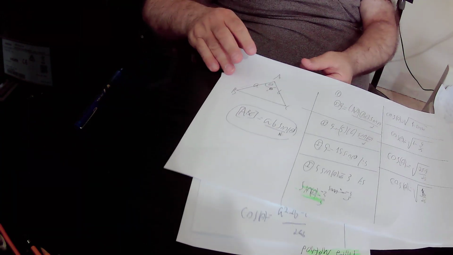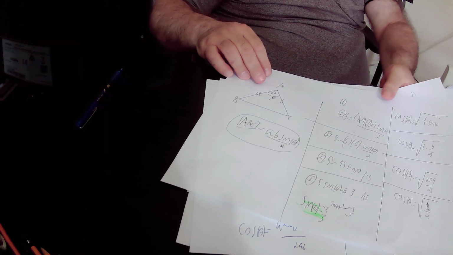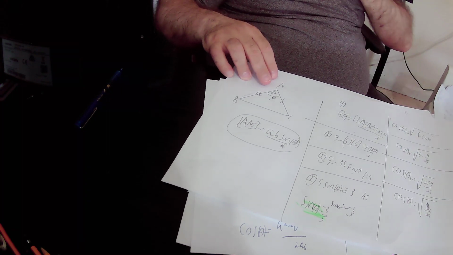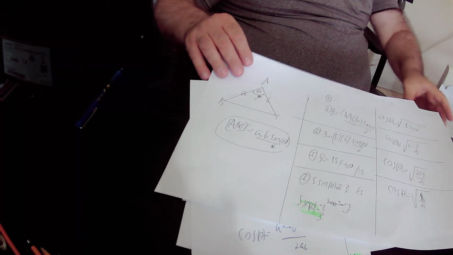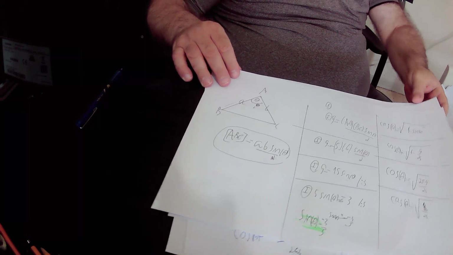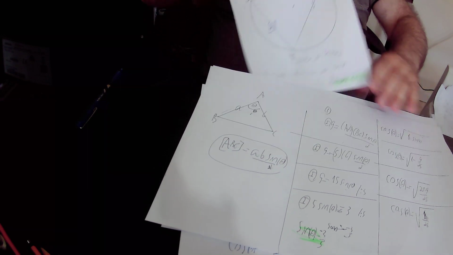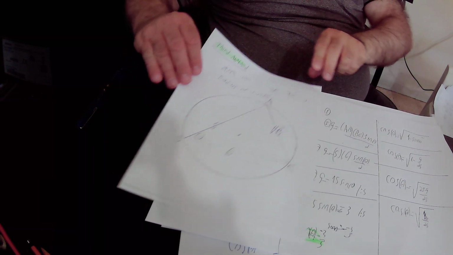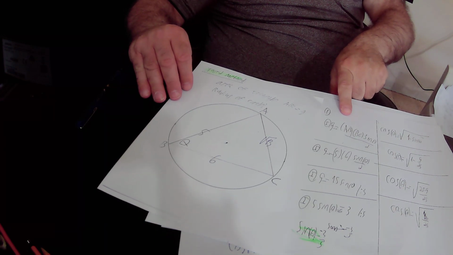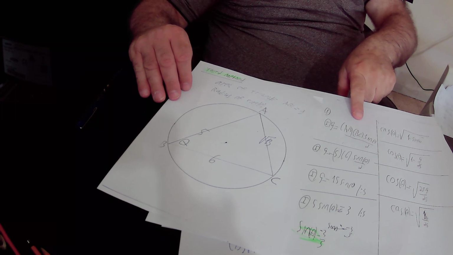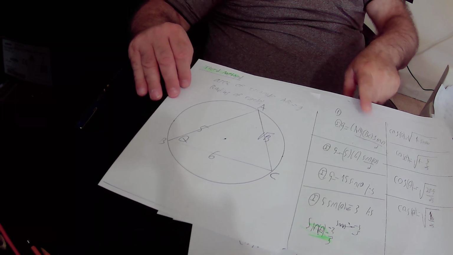If this is triangle ABC, then the area of triangle ABC equals a times b times sine theta over 2. So according to the new formula, the area of this triangle ABC will be equal to AB times BC times sine theta over 2.